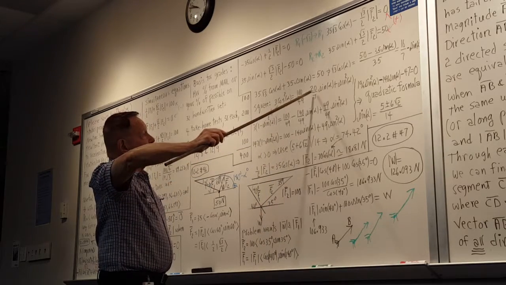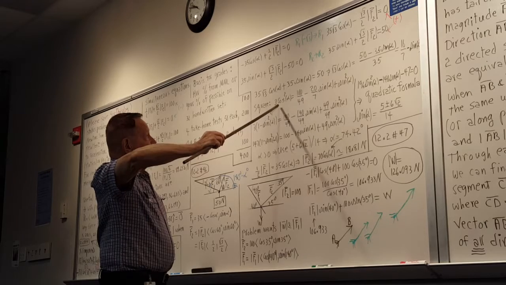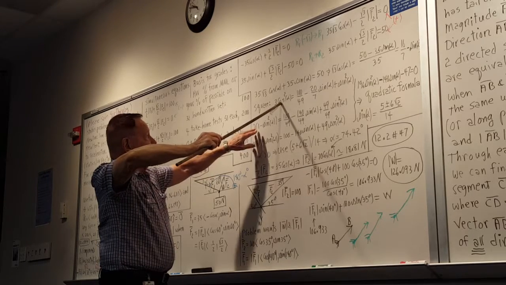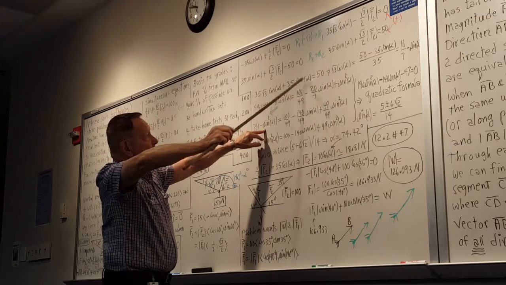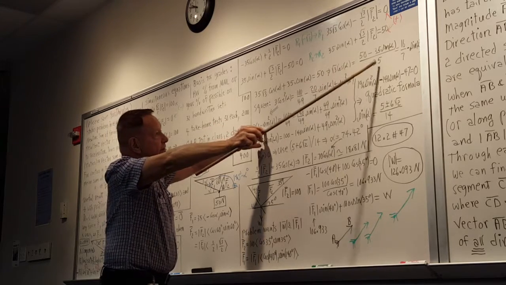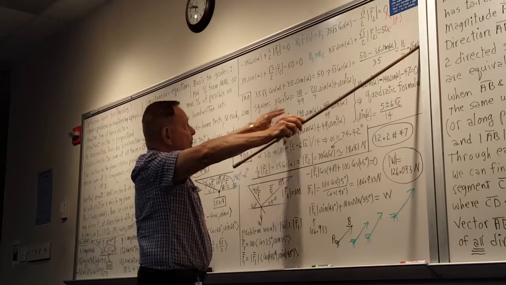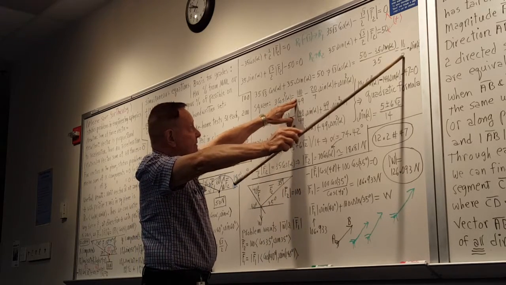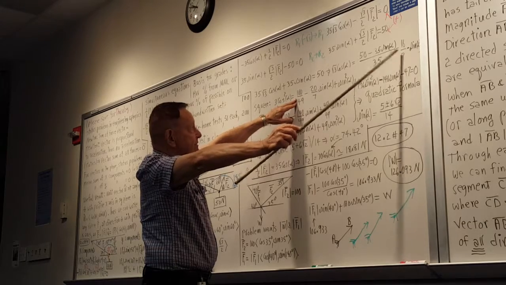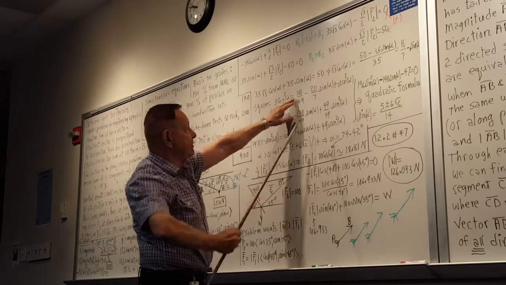So I have 3 times 1 minus sine square equals what I got when I squared this out over here, which was the 100 over 49, the 20 over 7 sine, and the sine square.